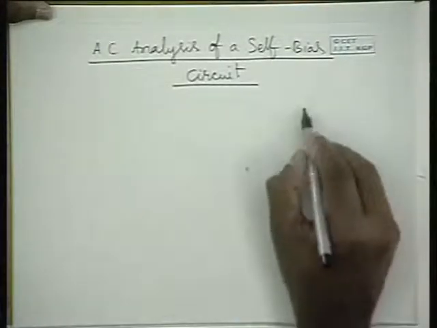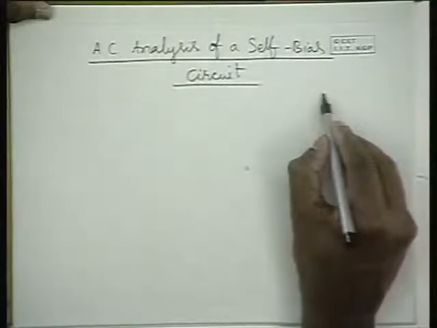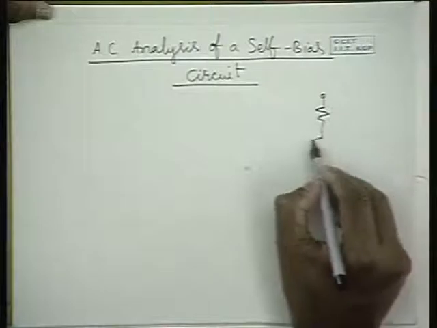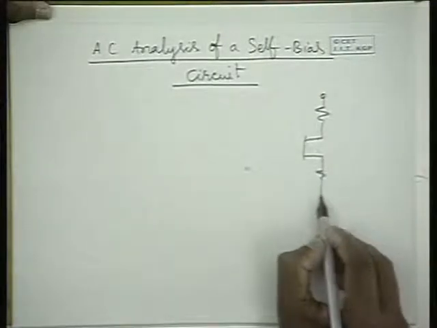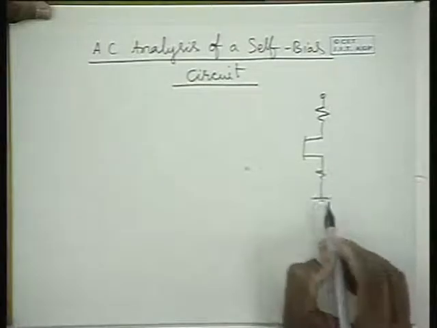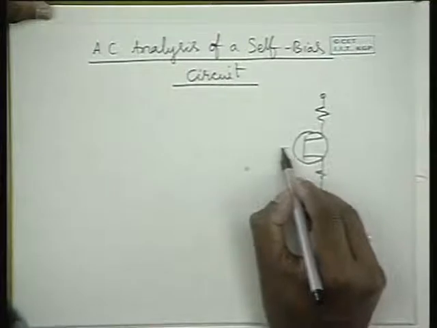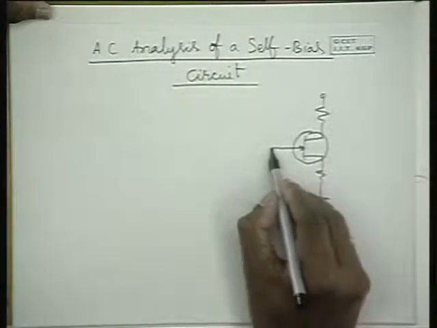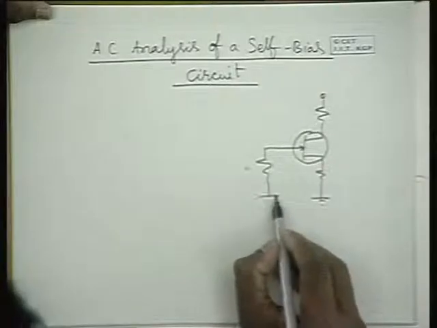The self bias circuit of a JFET is given like this. There is a source resistance used, and the voltage drop across the source resistance.